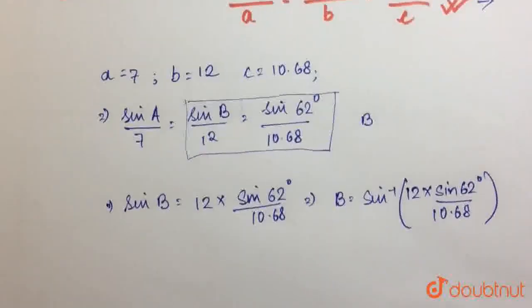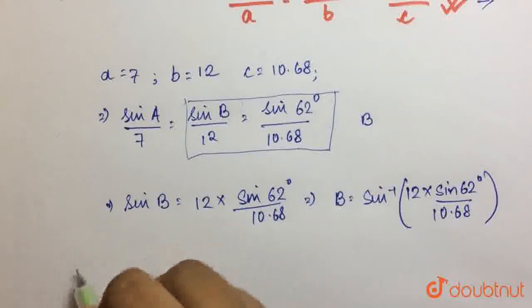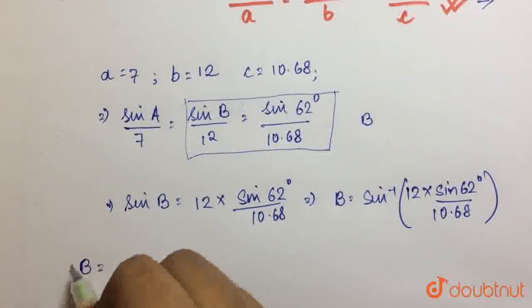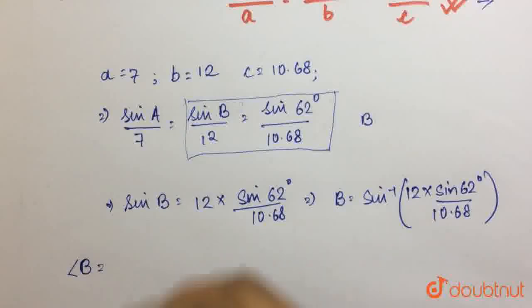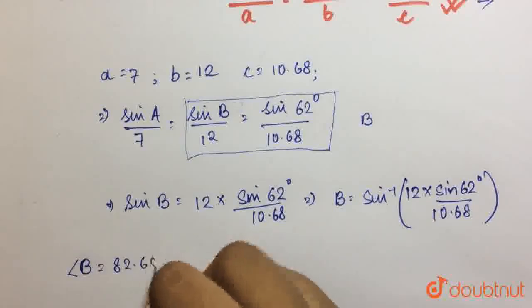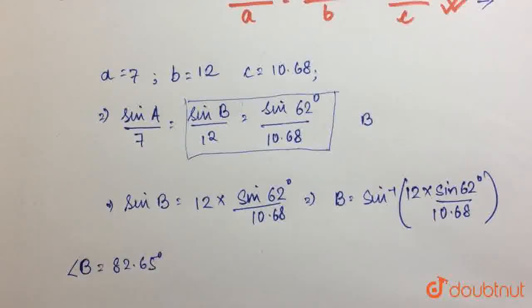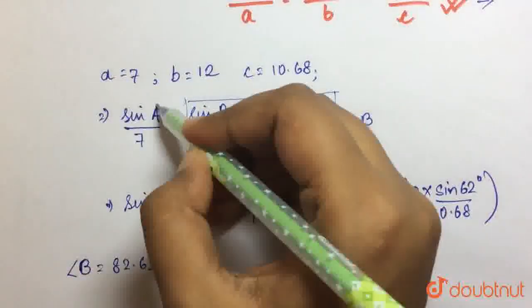Right. So that gives us a value for B, or angle B equals 82.65 degree.